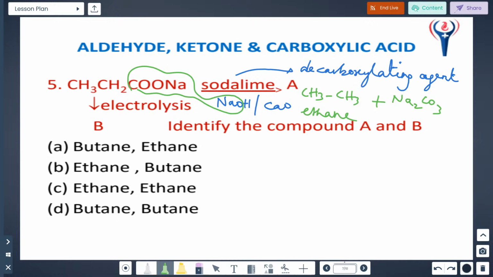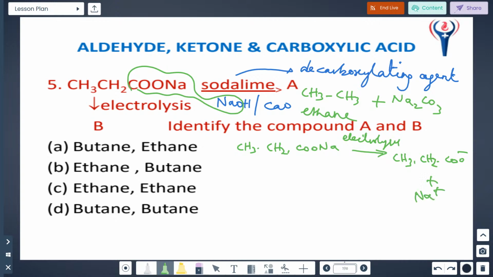Now the same compound undergoes electrolysis. If you do electrolysis on CH3CH2COONa, it is split into ions: CH3CH2COO minus and Na plus.